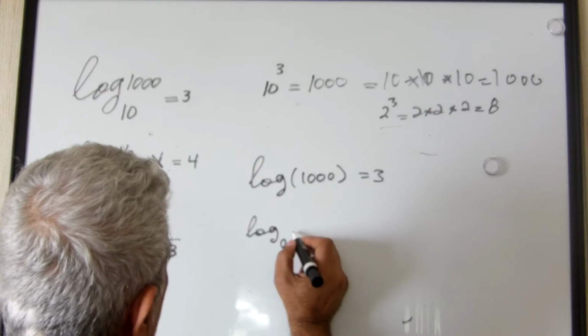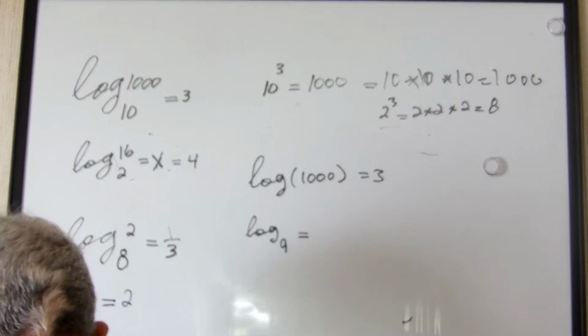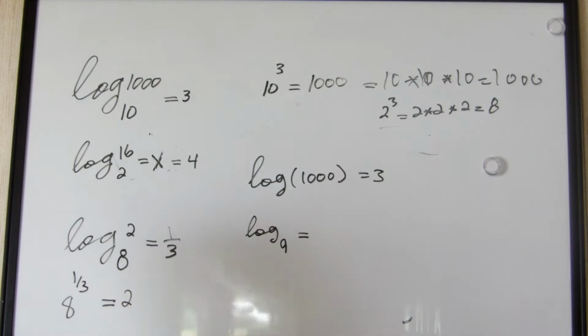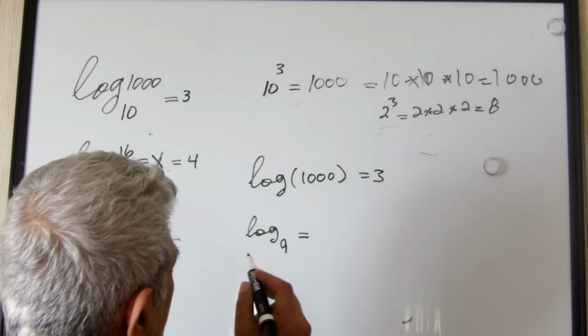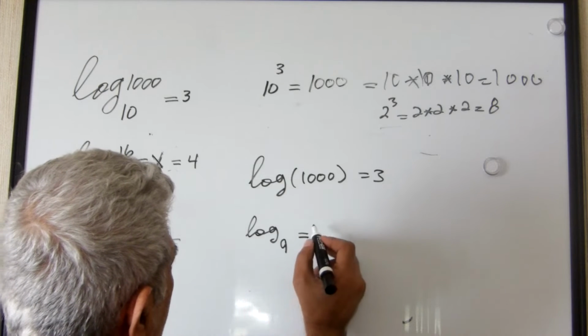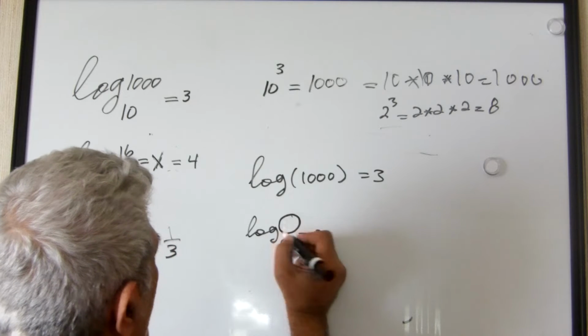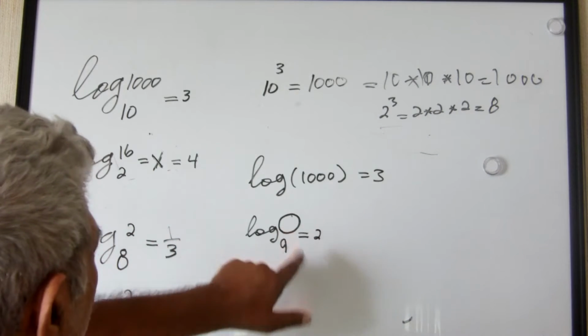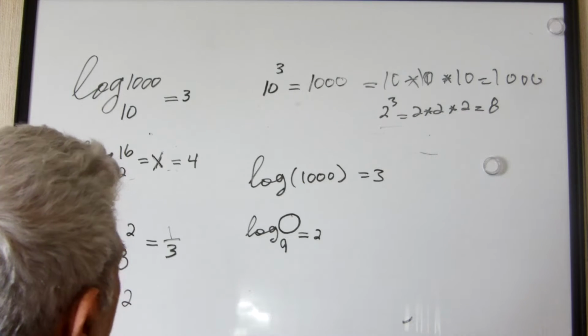I ask you a question. What is going to be this one? I want you to tell me what is going to be here. Log of what to the base of 9 is equal to 2. So it was easy.